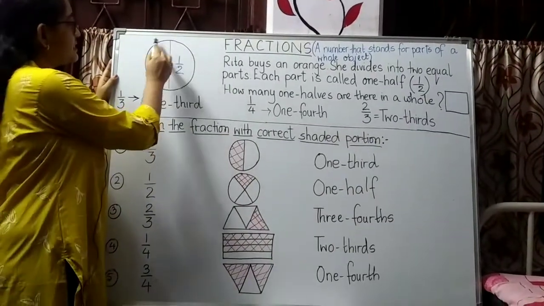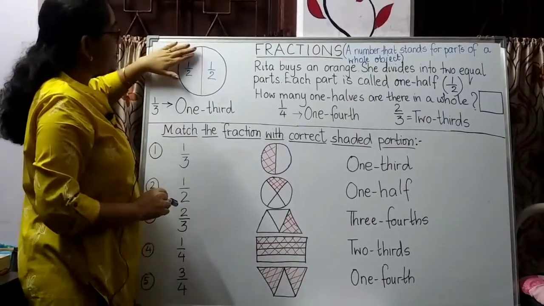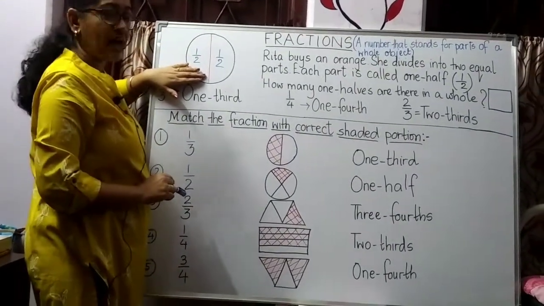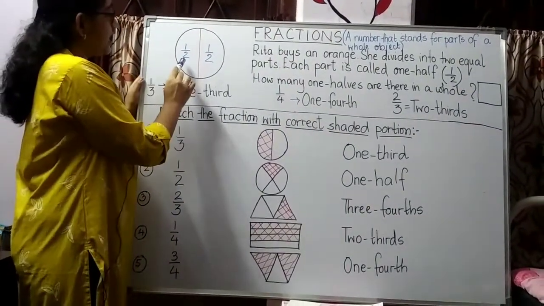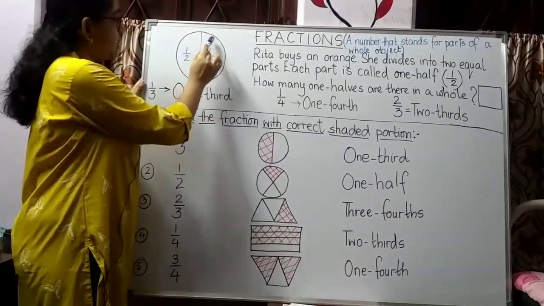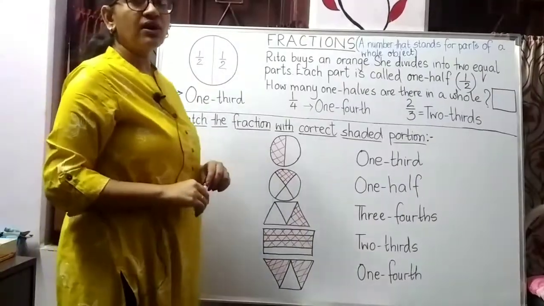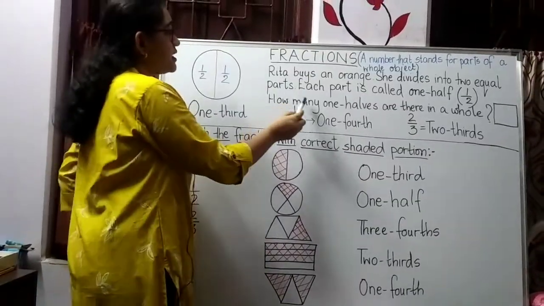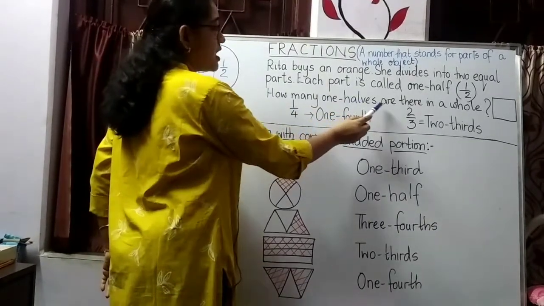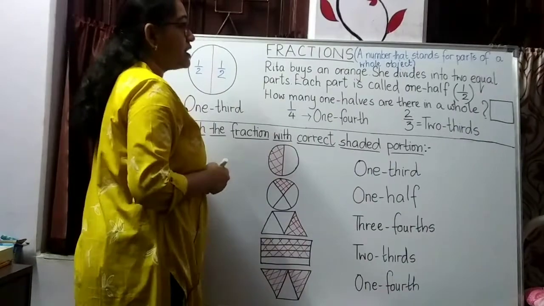Now move to this side. If I consider this to be an orange and if I divide the orange into two parts, then there will be two halves, that is 1/2 this part and the other half this part. So if I ask you a question, how many 1/2s are there in a whole, then what will be your answer?